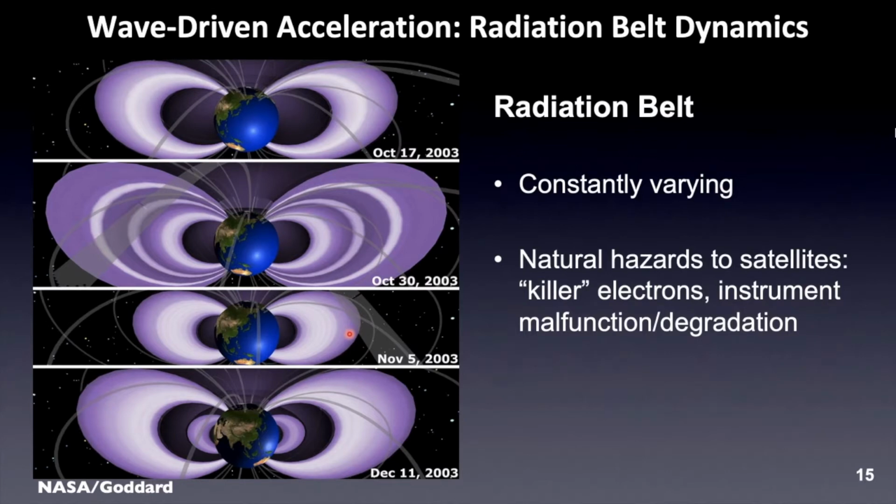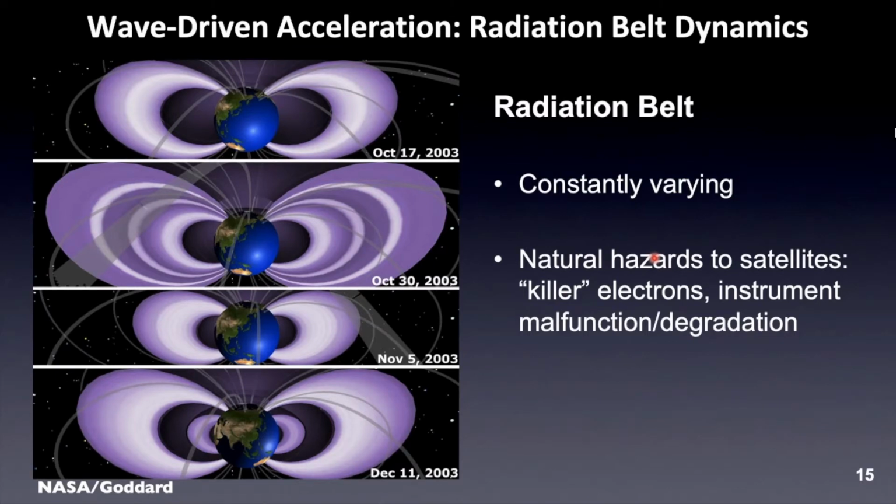It constantly swells and shrinks in response to solar wind activity, or more directly to the magnetotail dynamics. Because of the radiation emitted by these high-energy particles, the radiation belt can act as a natural hazard to the satellites within. So that's why we need to understand their dynamics.